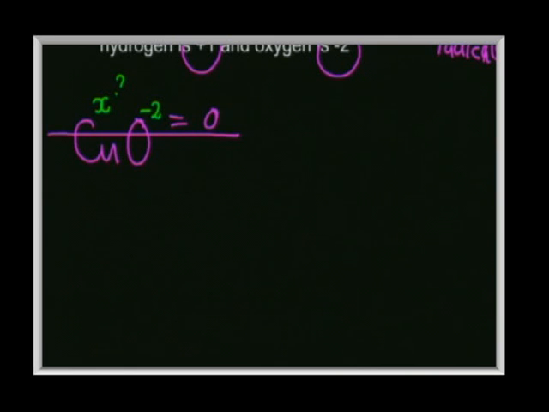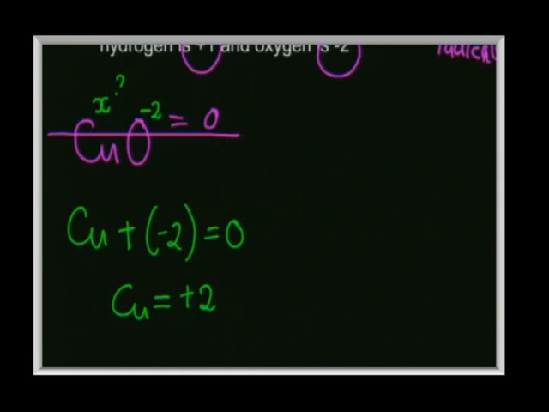You make copper your unknown. You can make it an X, or you can keep it as copper, plus the -2 value for oxygen, and the sum of those two oxidation numbers should give you 0. If you take the 2 across, you will find that the oxidation number for copper is going to be +2.